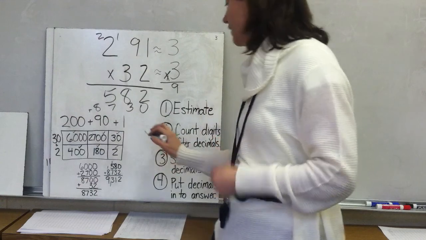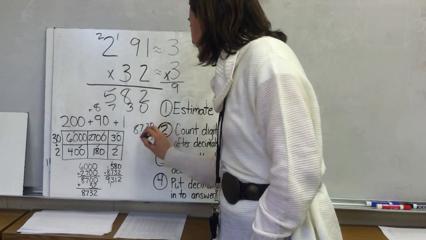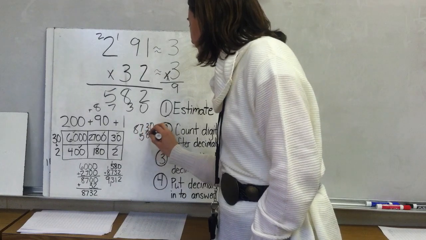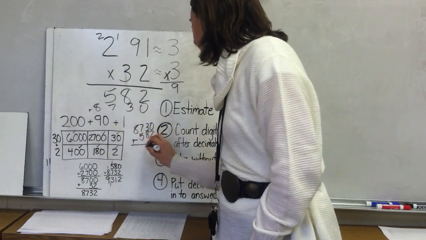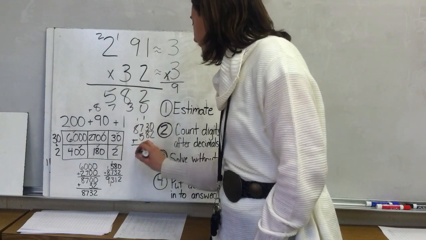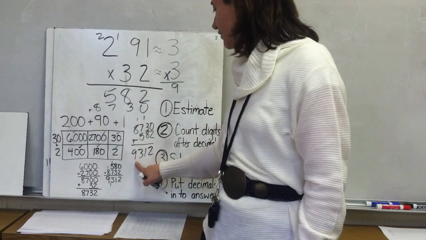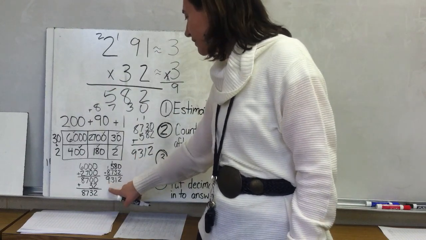Got to add these two together. I'm going to do it down here because I've run out of space. And we get the same answer, 9,312. I'm going to leave that comma out because we have to think.